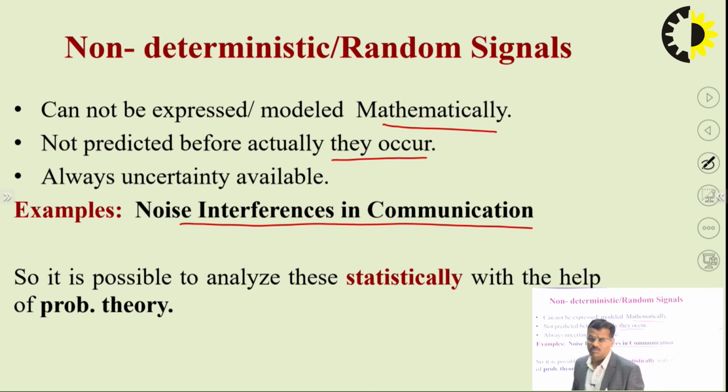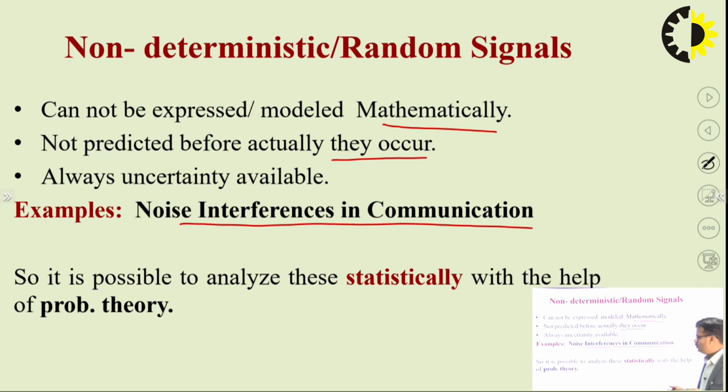In a communication system, noise is an example of a random signal. If there is no certainty and you are not able to express any equation for those signals, then those signals are random signals. But we need to analyze these types of signals also.